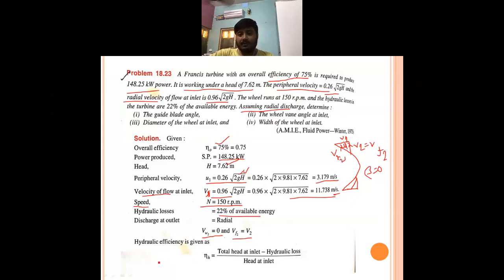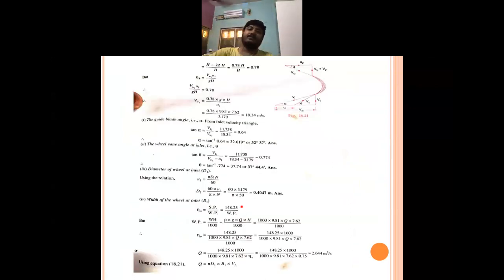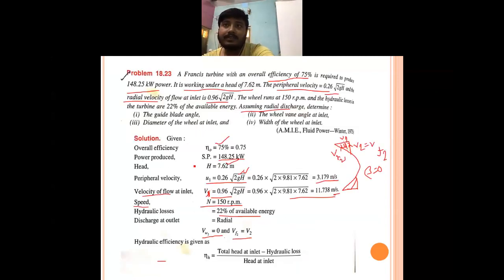Now what is the hydraulic efficiency? It is the total head at the inlet minus the hydraulic loss of head, divided by the head at the inlet. So you have to make these assumptions. What is the loss of head? It is given that the loss of head is 22% of the available energy.